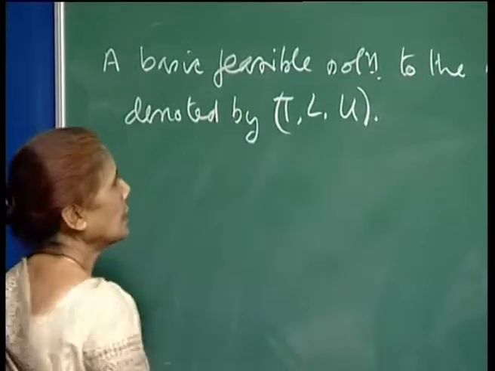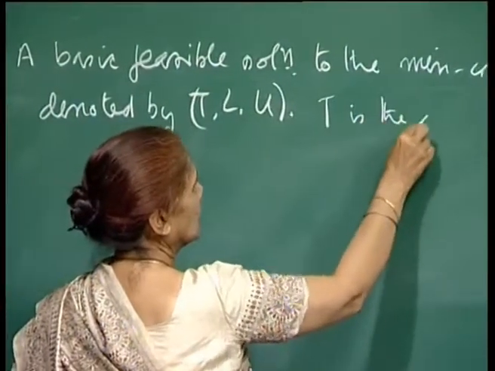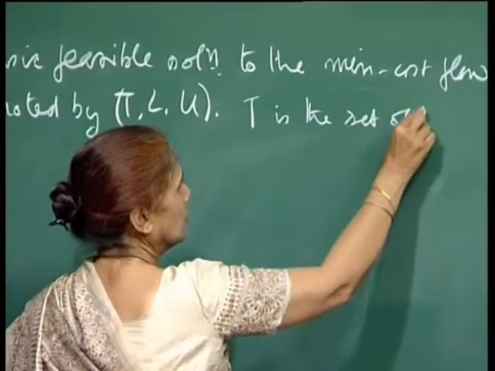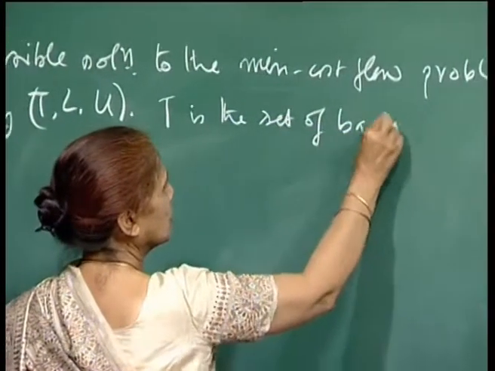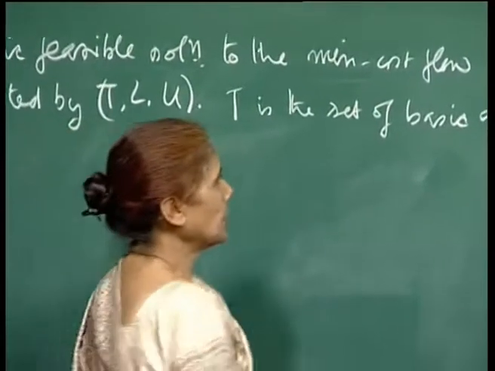Okay, and let me explain. So, T is the set of basic arcs, right, the set of basic arcs that form a spanning tree.